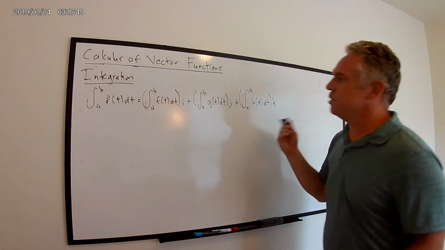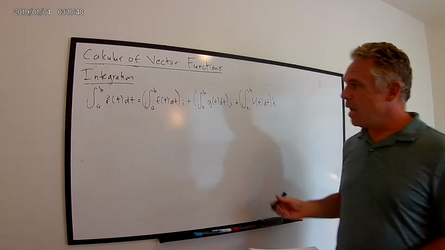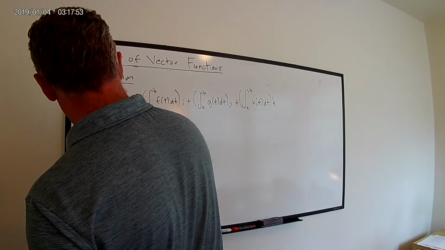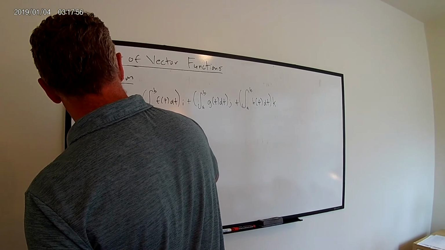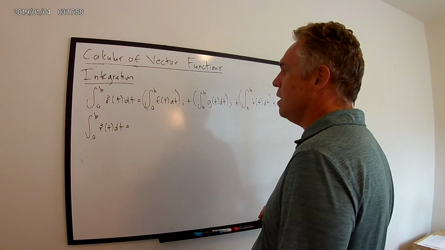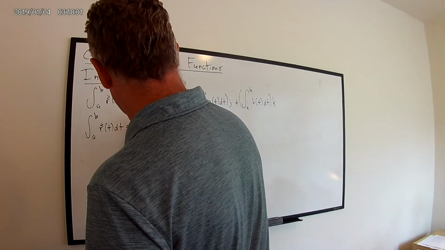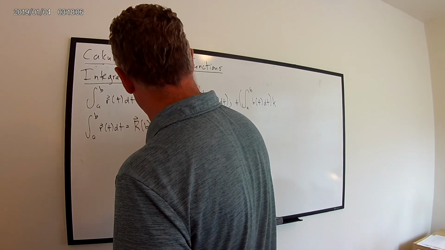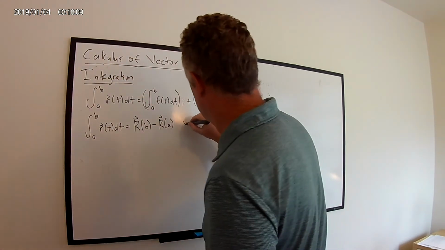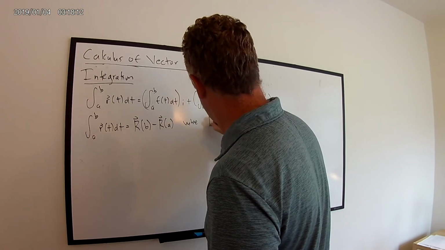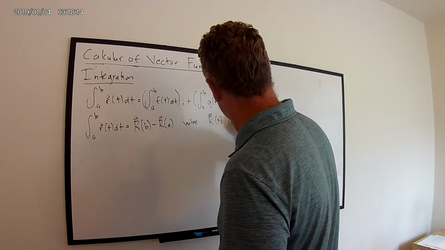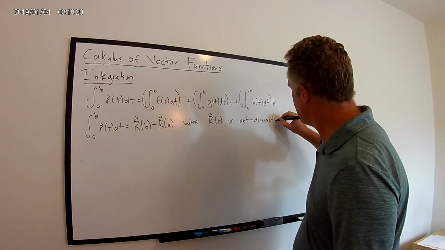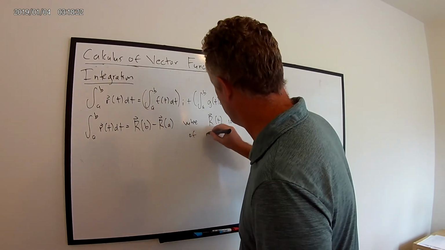So we just integrate each respective component, and the fundamental theorem of calculus applies here as well to vector functions. If we're taking the definite integral of r of t dt, then this is equal to capital R evaluated at b minus capital R evaluated at a, where capital R of t is the antiderivative of small r of t.